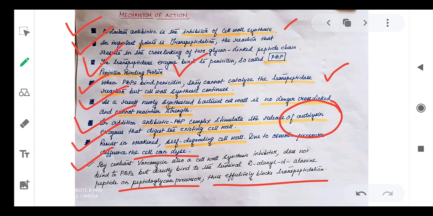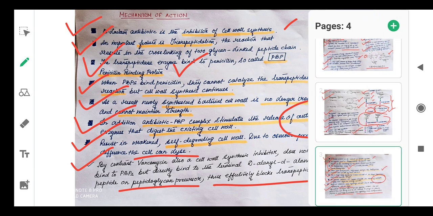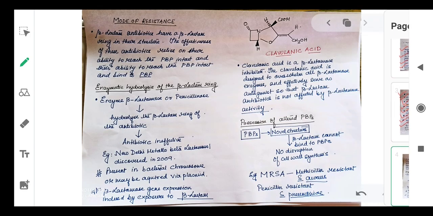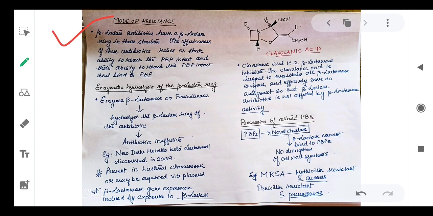By contrast, I will highlight another antibiotic, vancomycin, which is also a cell wall synthesis inhibitor. It does not bind to PBPs but directly binds to the terminal D-alanine peptide on the peptidoglycan precursor, thus effectively blocking transpeptidation. Moving on to the most important portion people are talking about nowadays, the mode of resistance. That means how microorganisms are gaining resistance against various antibiotics.